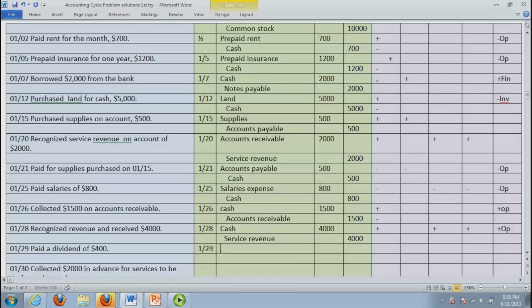Then we pay a dividend. Cash will go down in the account dividends, or we could actually debit retained earnings here. Either way will work. So we have dividends written first, or retained earnings as a debit, and cash comes second as a reduction to assets. So on the balance sheet, assets go down. Dividends is a retained earnings account, so that also decreases.